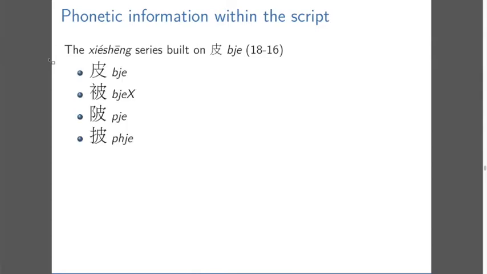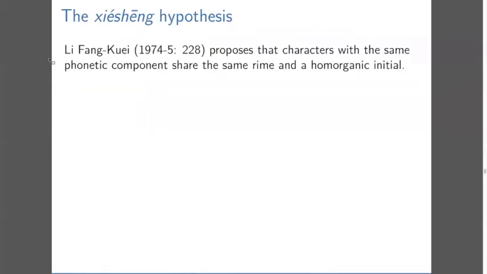You see bie, bie in a different tone. The capital X refers to a tone. And then you have pie and you have pie. So looking at evidence like this, you can come up with what we call the xiésheng hypothesis.